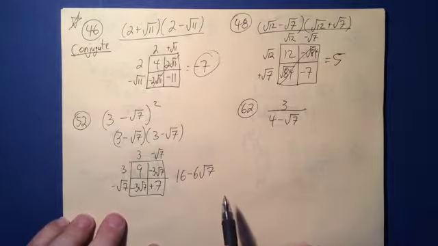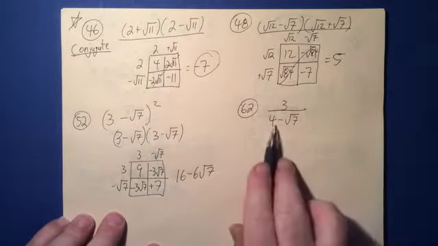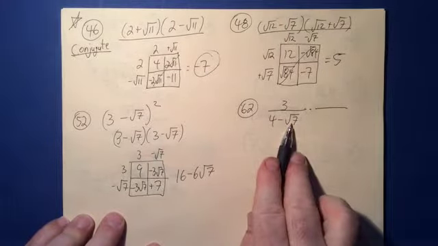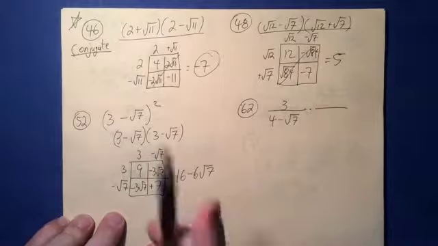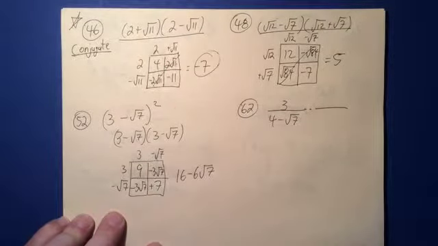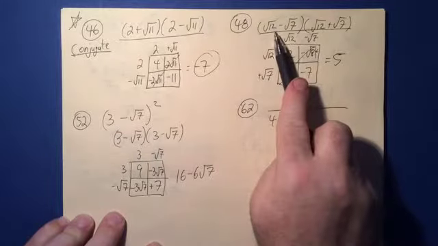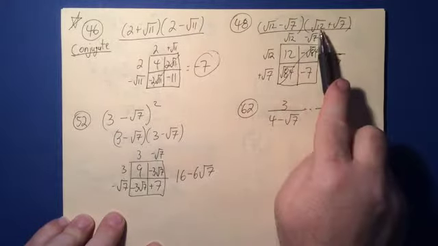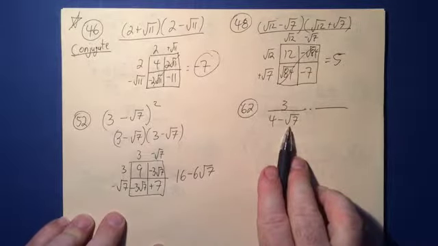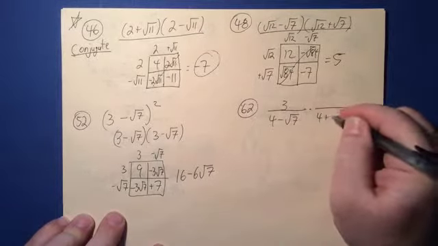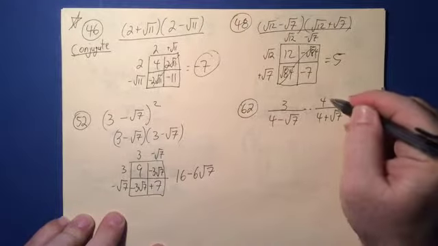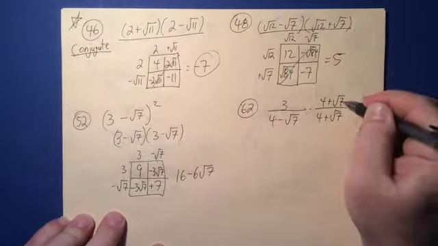Now, if you haven't figured out what a conjugate is yet, basically the conjugate is the binomial the same as this, just with the opposite sign. So the conjugate of 2 plus radical 11 is 2 minus radical 11. The conjugate of radical 12 minus radical 7 is radical 12 plus radical 7. So the conjugate of 4 minus radical 7 is 4 plus radical 7. So I'm multiplying the bottom by this, and I'm going to multiply the top by this.